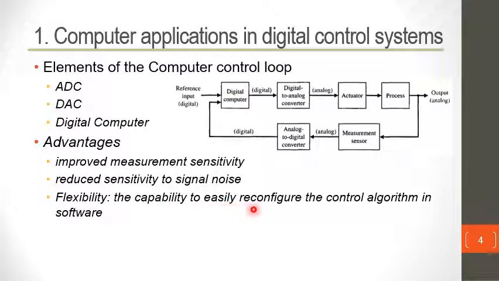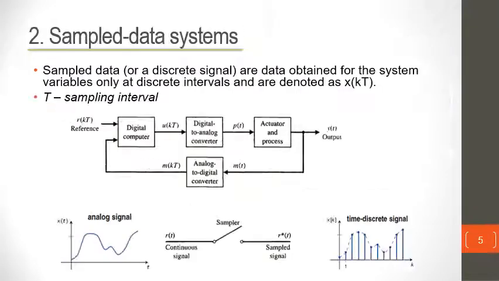It is the capability to easily reconfigure a control algorithm in software. Your control algorithm, instead of being implemented by connecting circuits like you do in an analog control system, could just be written in the form of software code, which can be easily changed from time to time quickly enough without needing soldering or changing any other mechanism in hardware.